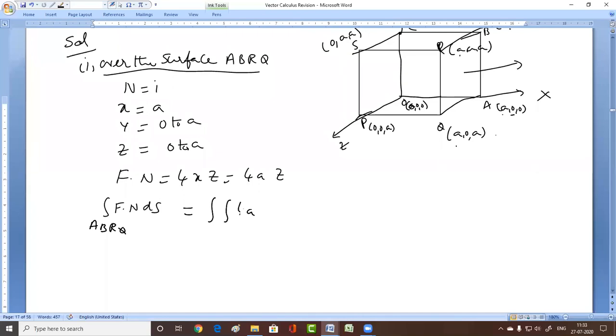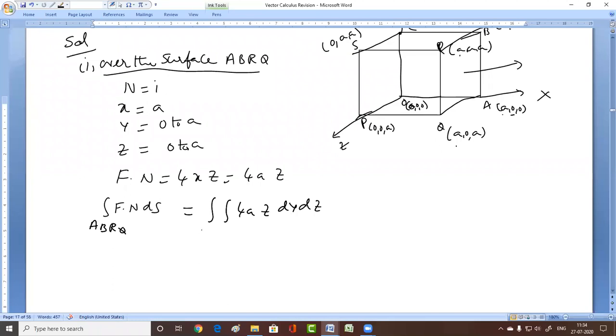Here the varying variables are y and z, simply dy dz. ds equals dy dz by n dot i. n is i, i dot i is 1. Okay, no need to take it, directly take dy dz.